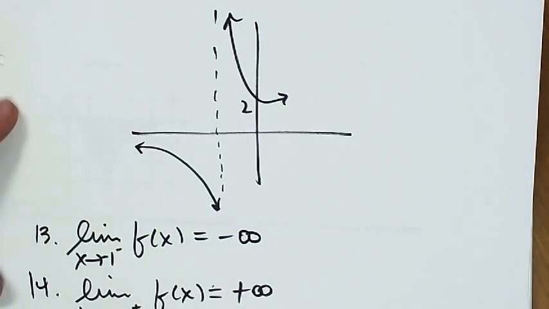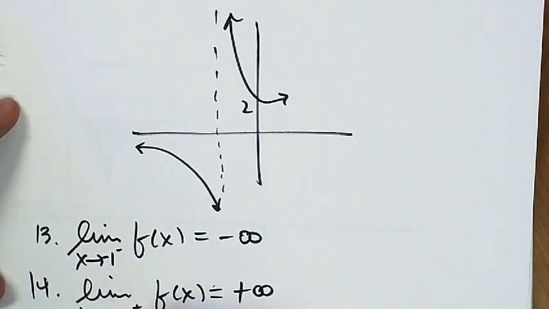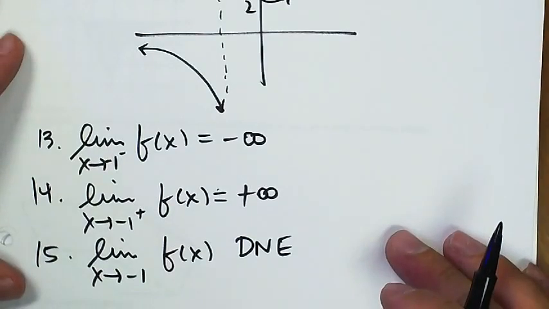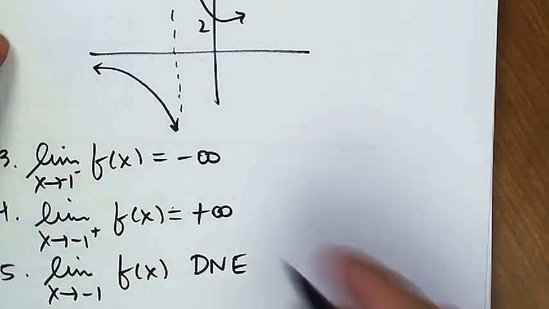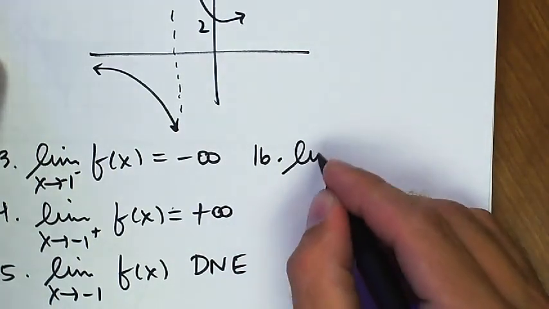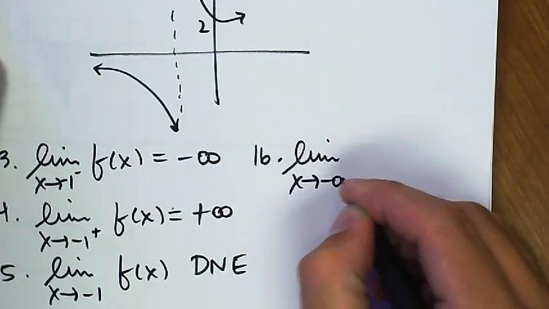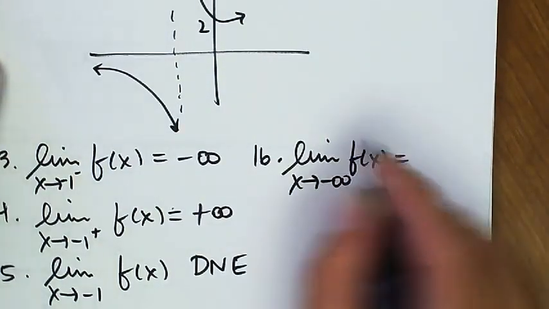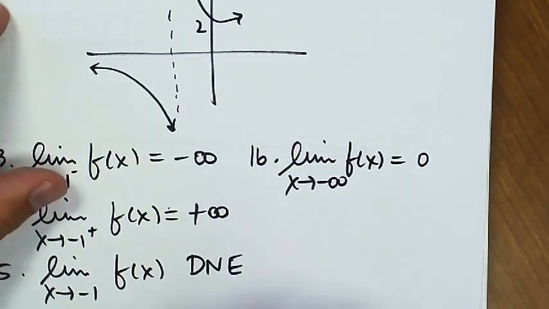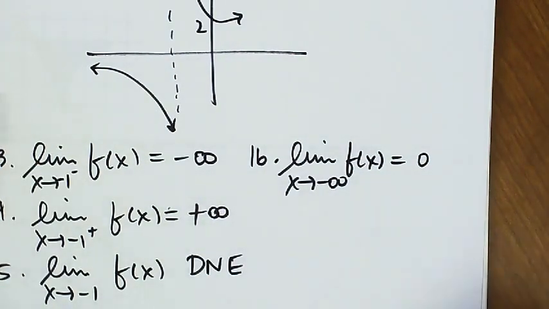Number 15, the limit as x approaches -1 of f of x does not exist because of disagreement right here in the one-sided limits. Whoops, you could not see that. Pardon me. 14, 15, 16, the limit as x approaches negative infinity of f of x does appear to be 0, especially on the graph.